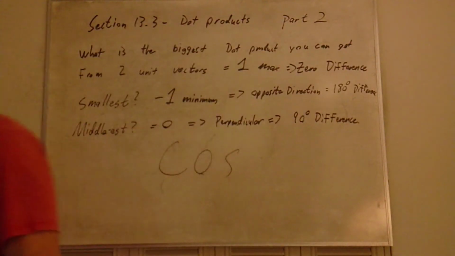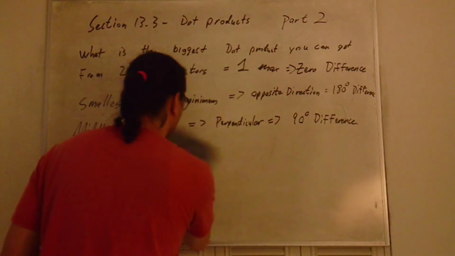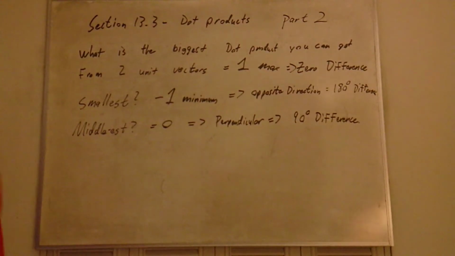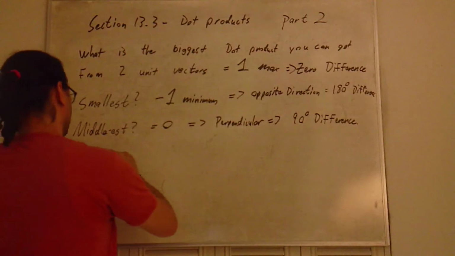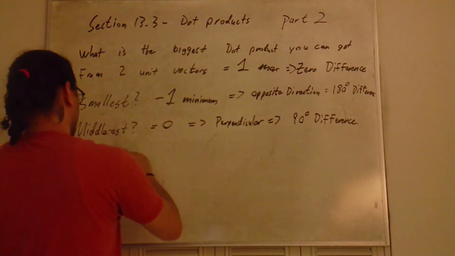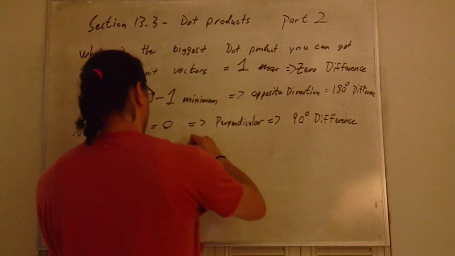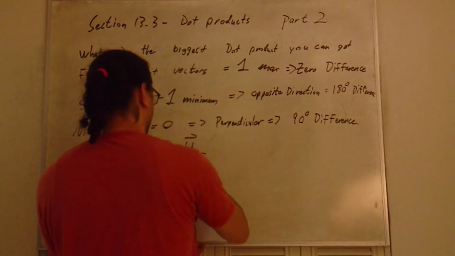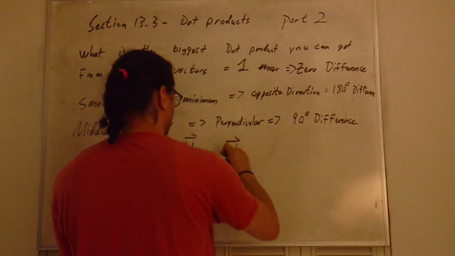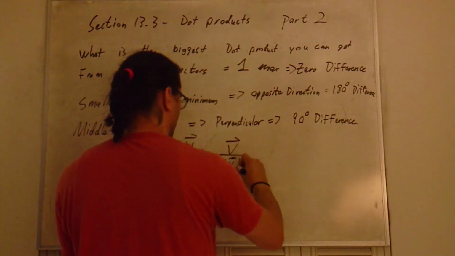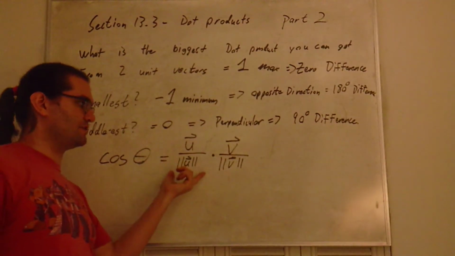Which gives us this really, really cool formula. If you ever need to know what the angle between two vectors is, you can find it because the cosine of that angle is the dot product of the unit vectors. Here I'm expressing the unit vectors as the vector divided by its own magnitude.